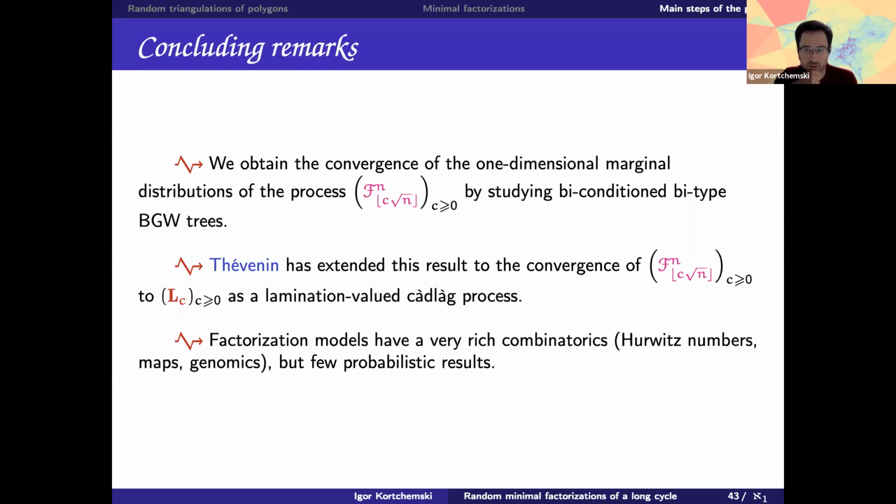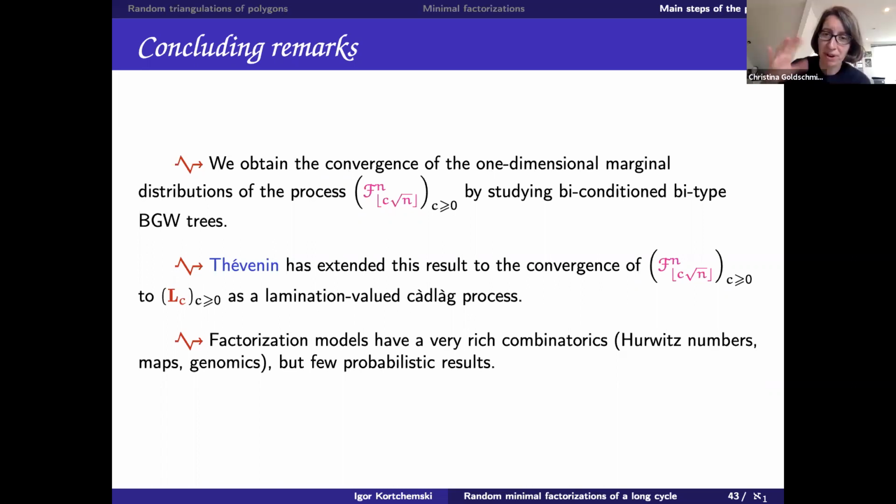Usually we study planar maps by conditioning them on a total number of faces or total number of vertices. And here we study a double conditioning, a fixed number of vertices and, for example, a fixed number of faces. For example, take a uniform planar map with n faces and n to some power a vertices. What are the scaling limits? To study this question, this machinery is quite useful.